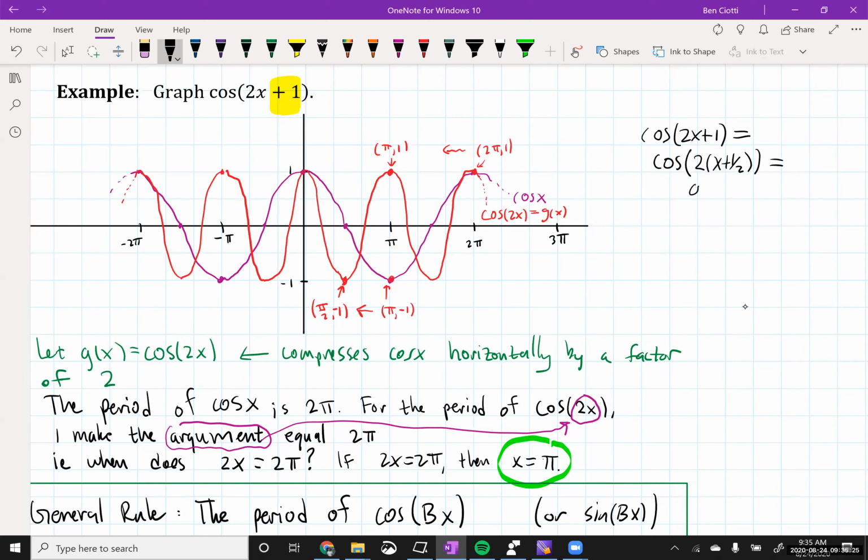That is g of x plus a half. So now you see why I had to create this intermediary function g, because to get the graph that I want, I just need to rigidly translate it left by 1/2.